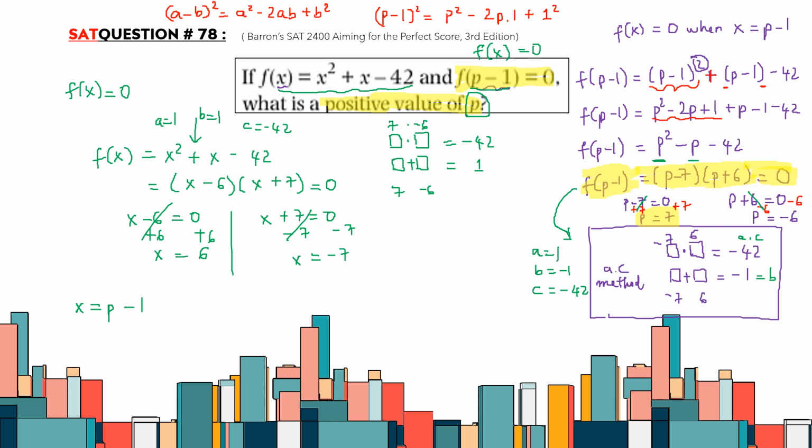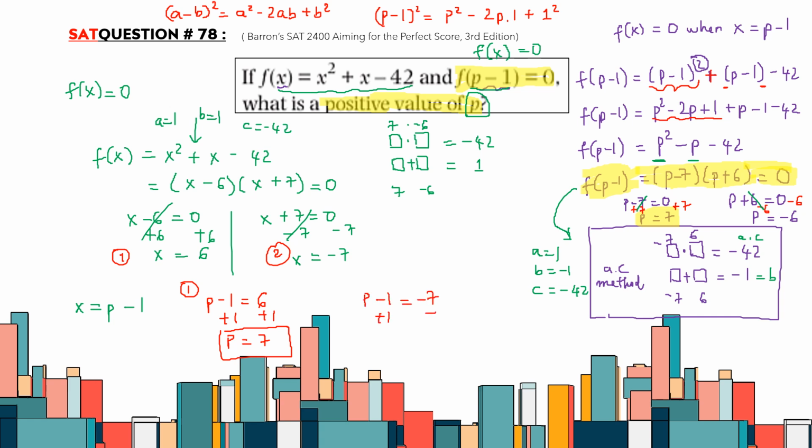Now we have two values of x, and you want to find the value of p, so you plug in. You have p minus 1 equals 6 for the first one. Then you add 1 to both sides, and you have p equals 7. For the second one, x equals negative 7, so p minus 1 equals negative 7.